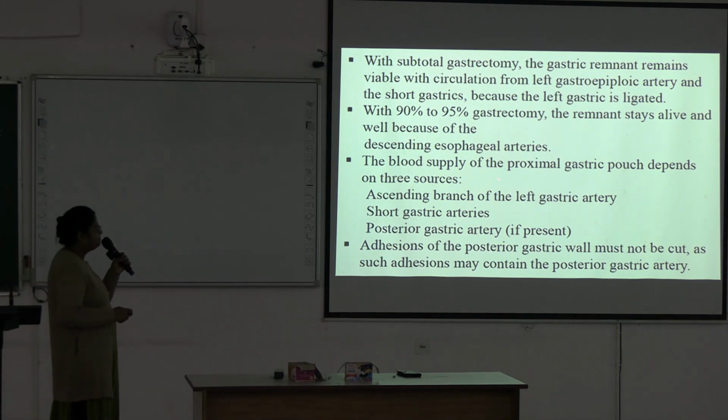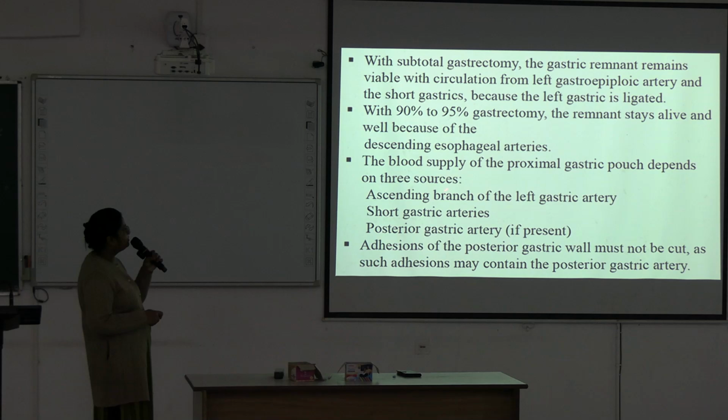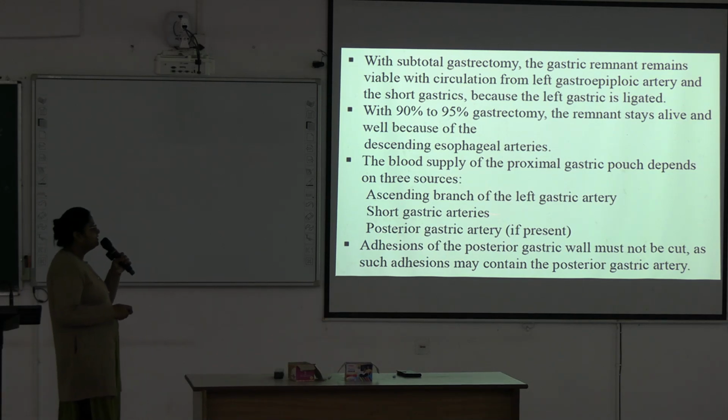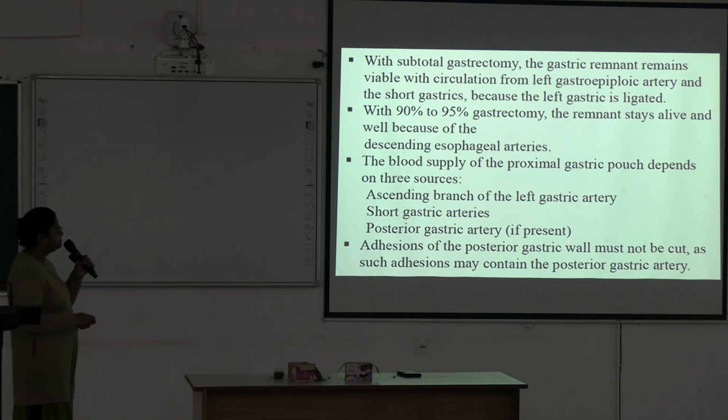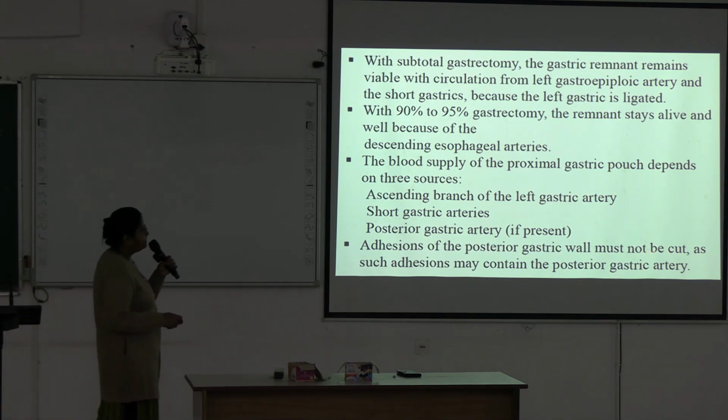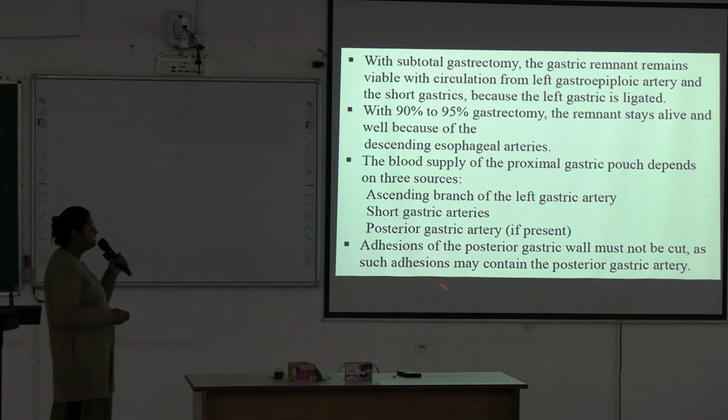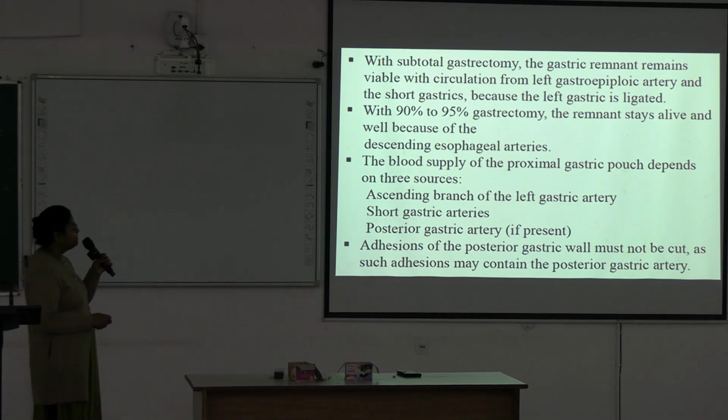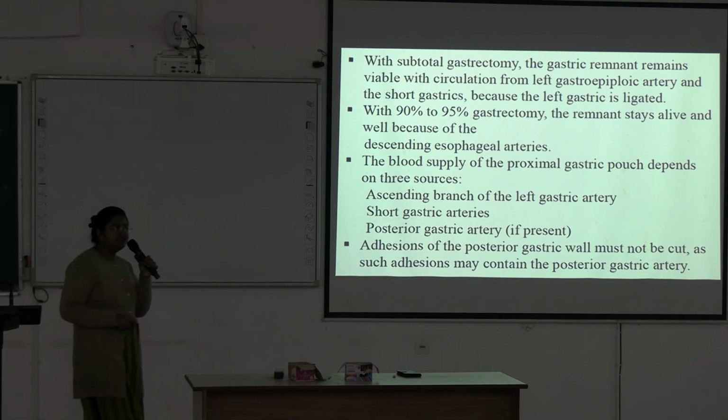The blood supply of the proximal gastric pouch depends on these three sources: ascending branch of left gastric, short gastric, and posterior gastric if present. And adhesions of the posterior gastric wall must not be cut, as such adhesions may contain the posterior gastric artery. Okay, that's how you preserve the posterior gastric artery.